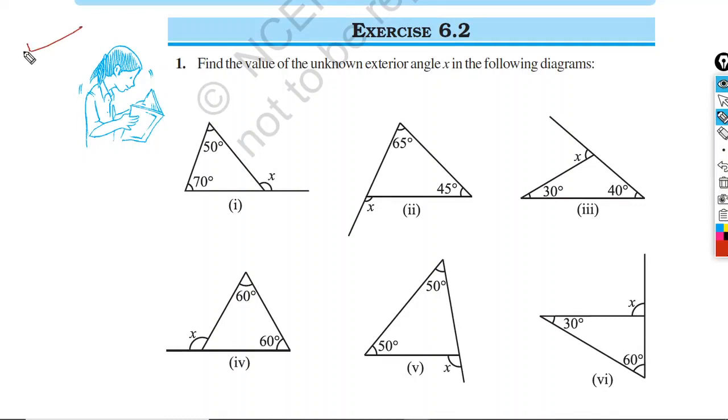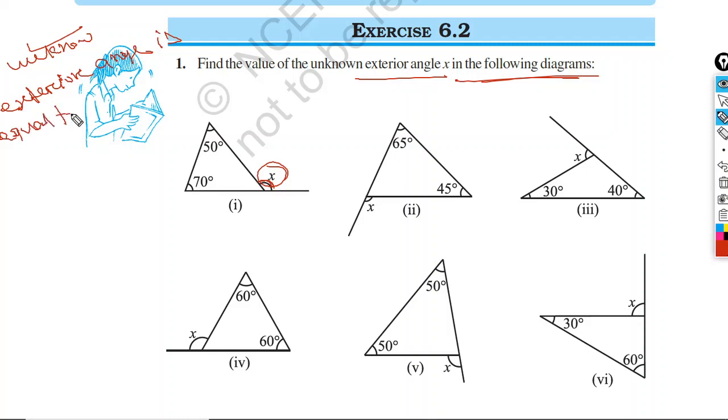See, find the value of the unknown exterior angle X in the following diagram. Here you can see angle X is the exterior angle, and we know the exterior angle is equal to the sum of interior opposite angles.